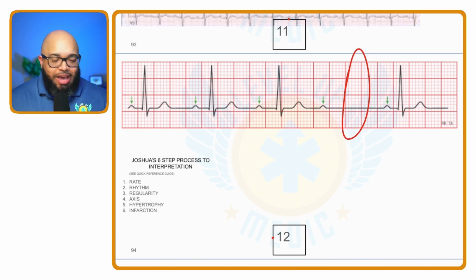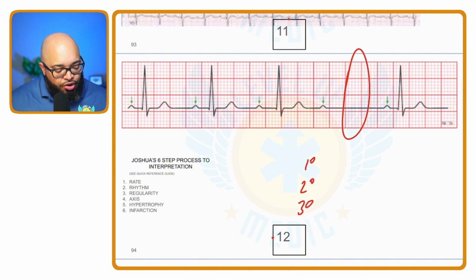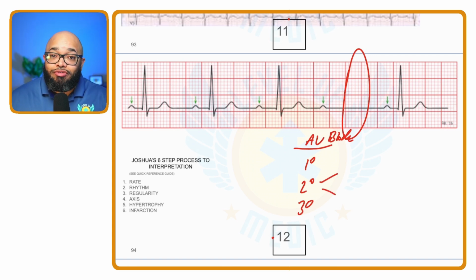What two times do we have a dropped beat when it comes to blocks, for instance? Remember how we have a first degree, second degree, and third degree AV block. Second degree, of course, has two flavors.